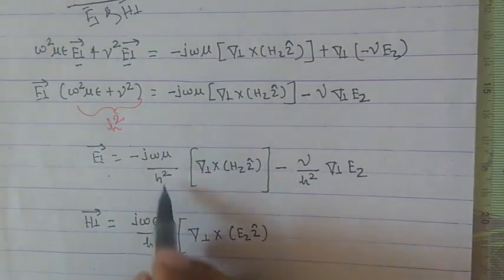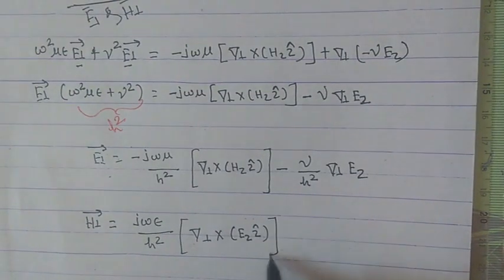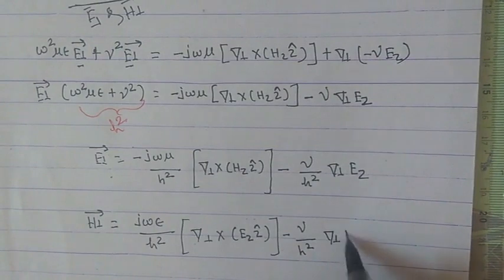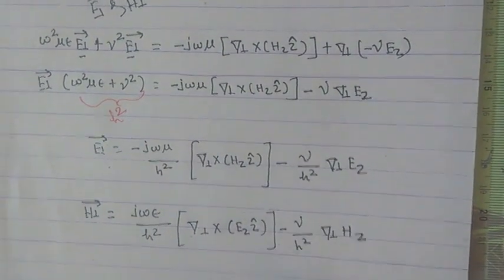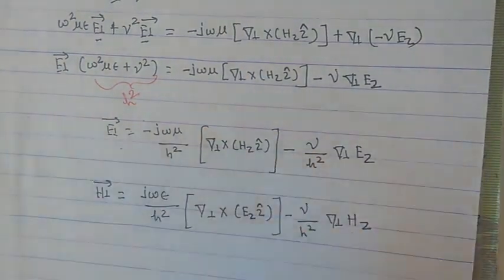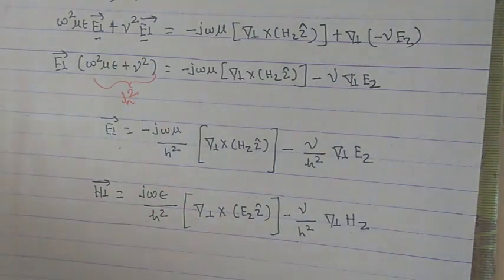Omega mu will be replaced by omega epsilon, and the sign will be positive, minus gamma upon h square del transverse Hz. So these are the general solutions for the transverse components of electric and magnetic fields. Now, at this junction, we will try to understand the steps to solve any wave related problem, the approach to solve any wave propagation problem.